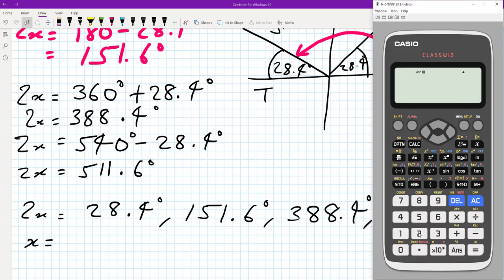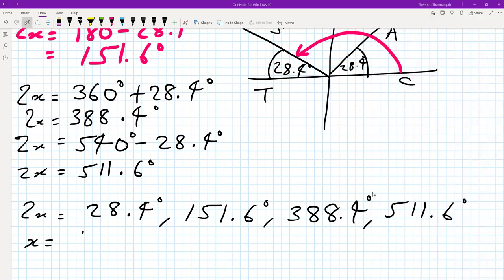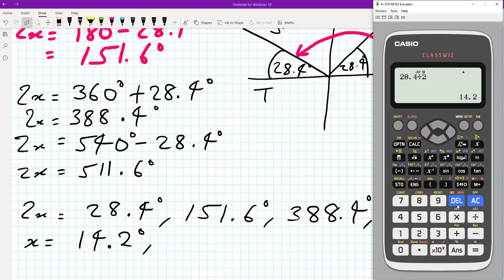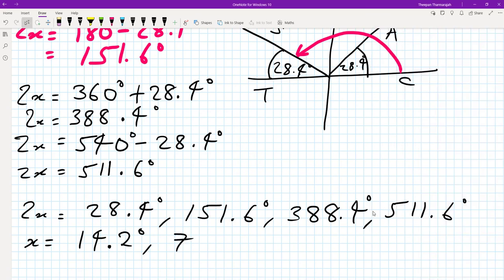So we get 28.4 divided by 2 gives me 14.2 degrees. 151.6 divided by 2 gives me 75.8.